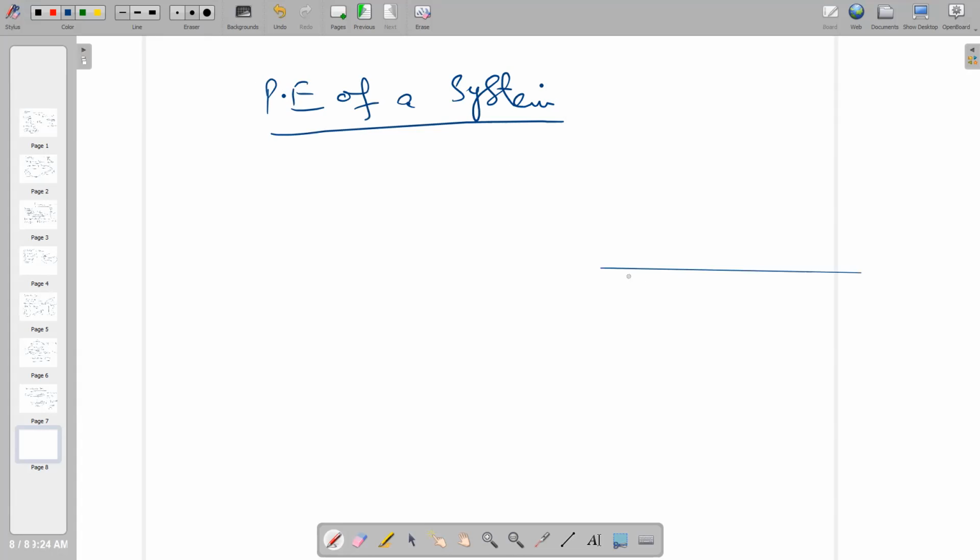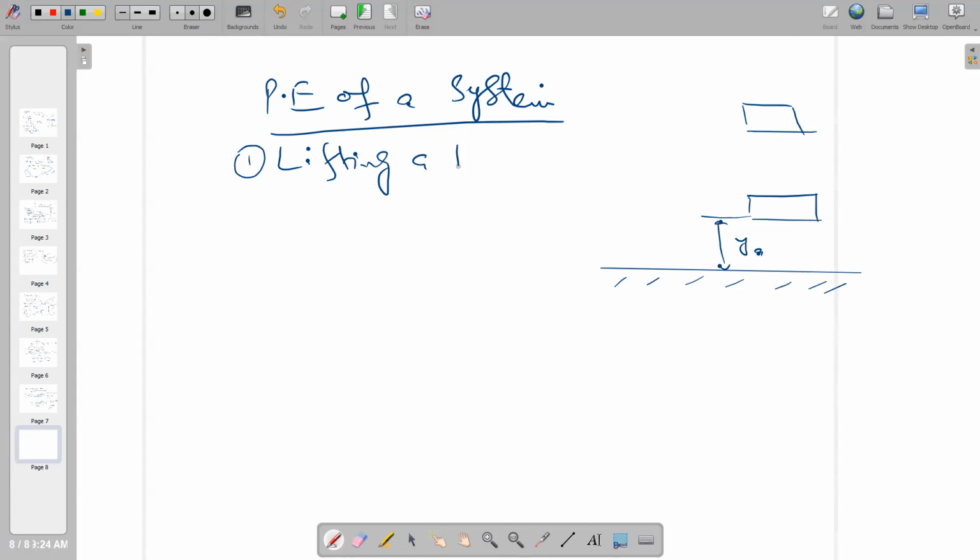Let's see. This is the earth and this is the book placed at some height, and this height is y A. In the first case, you are lifting the book. So you lift the book from this position to this position. This is your delta r.